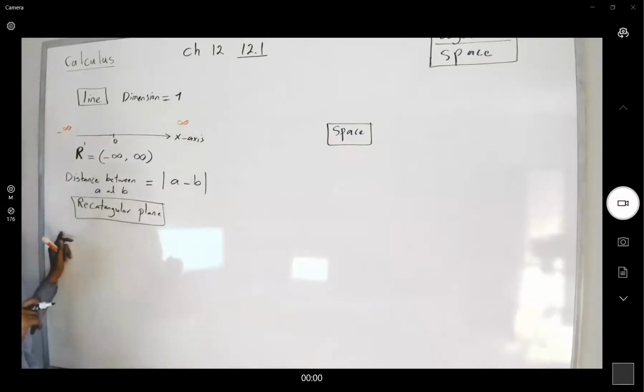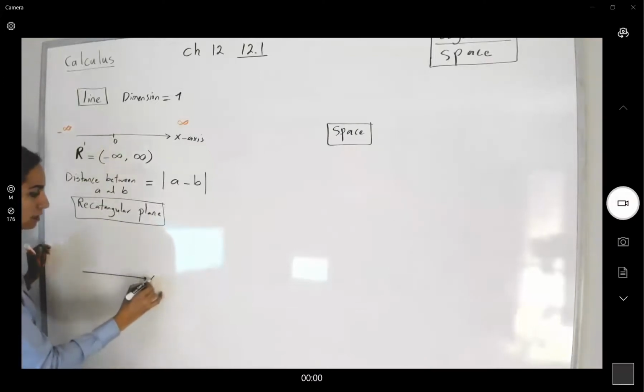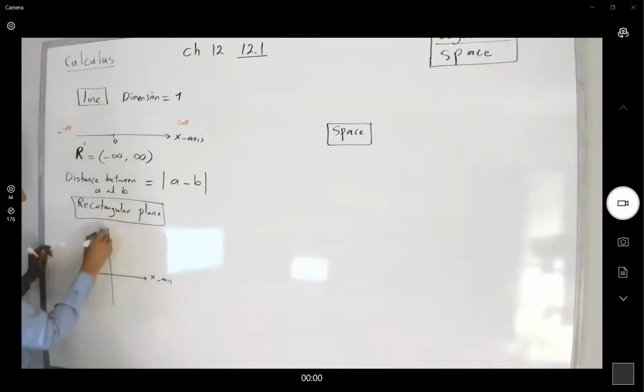rectangular plane or Cartesian plane or xy plane, just a plane. Here we have x-axis, and we have another real line that we call, instead of saying that this is just x-axis, we call it y-axis.